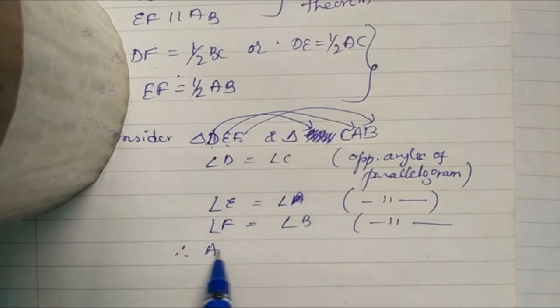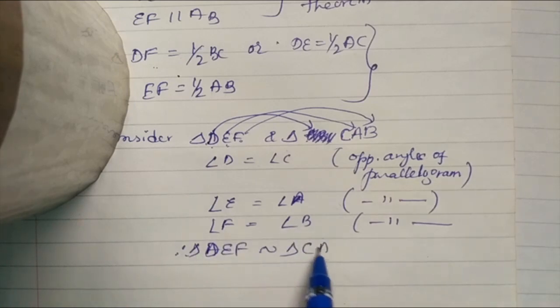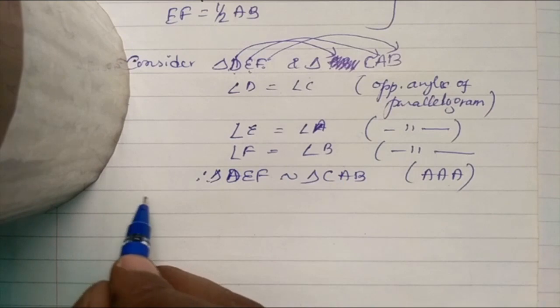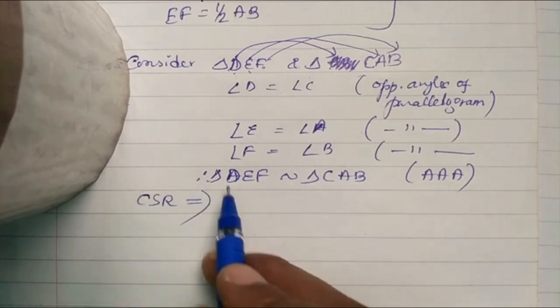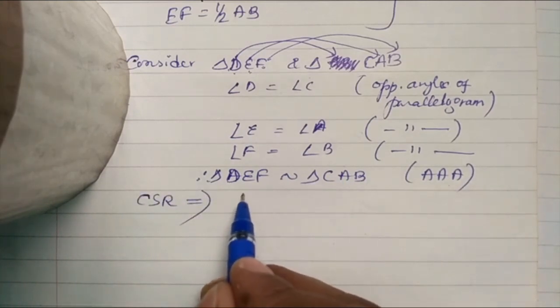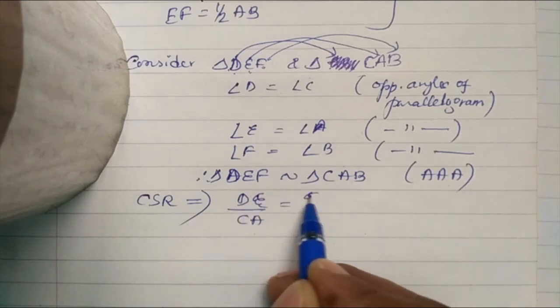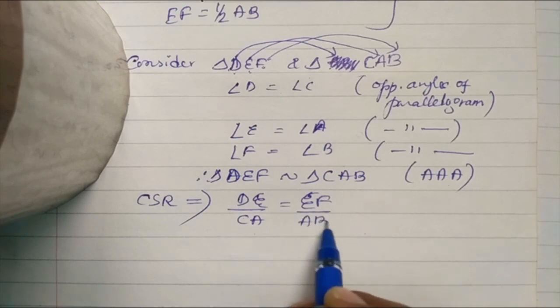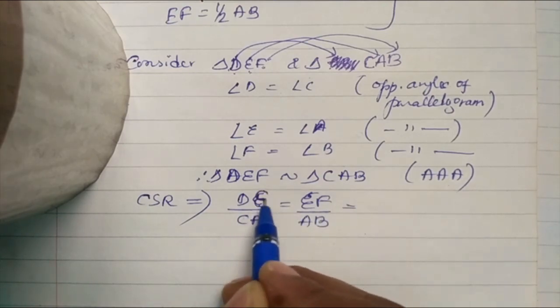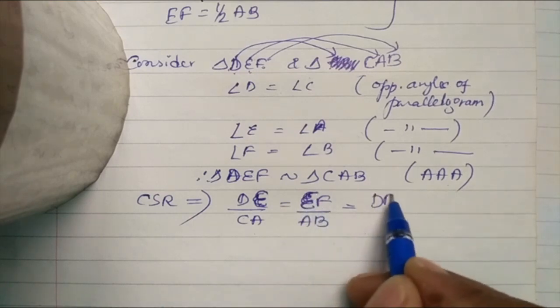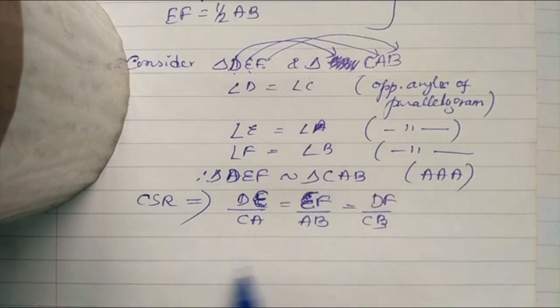Therefore, triangle DEF is similar to triangle CAB by AAA criterion. Now we have proved it. Let us go for the corresponding sides ratio, second level. After proving triangles are similar, how to write the ratios? DE by CA, EF by AB, and the last one is DF by CB.